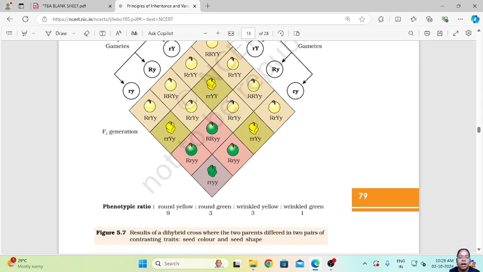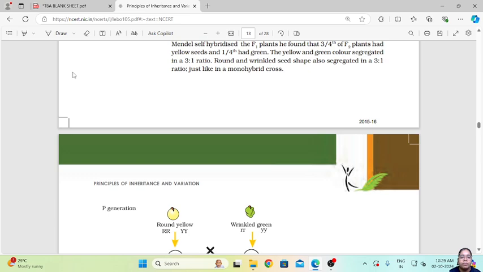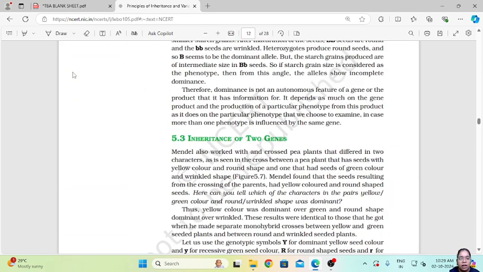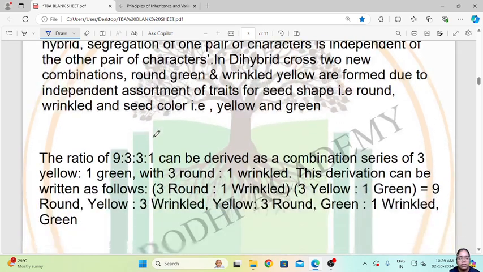So this is how we can do the assortment of the traits based upon their genes. This is called the law of independent assortment, in the inheritance of two genes, that is the dihybrid cross, wherein all the genes can be separated using the Punnett square.